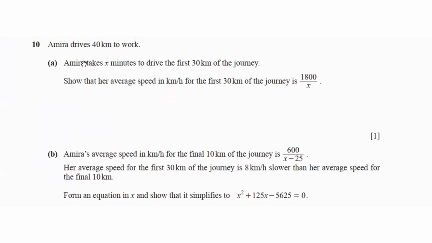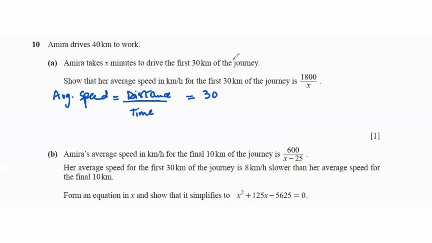Question 10 says Amira drives 40 kilometers to work. Amira takes X minutes to drive the first 30 kilometers of the journey. Show that her average speed in kilometers per hour for the first 30 kilometers of the journey is 1800 over X. So she's taking X minutes. Average speed has the formula of distance over time. Distance here is 30 and time is X minutes.